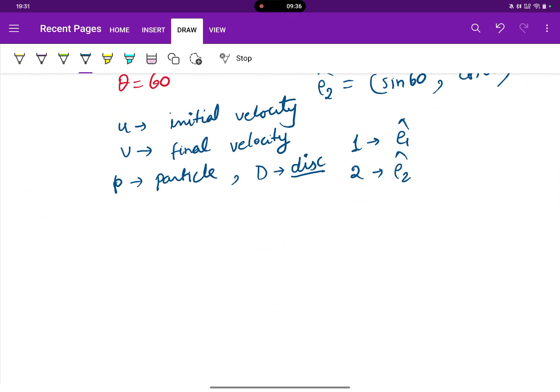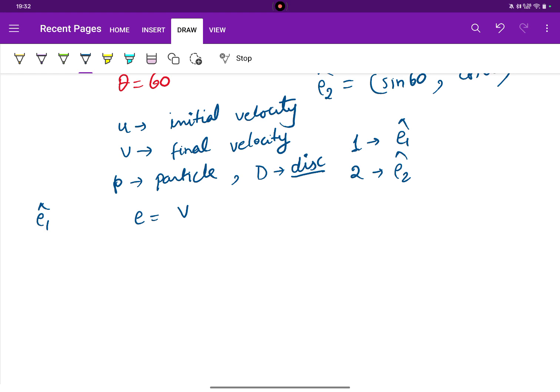Let me take one equation for the coefficient of restitution. Coefficient of restitution is what? I am doing this in one direction, E1 cap, and this has to be done only along the line of action, because perpendicular to it nothing is going to change.